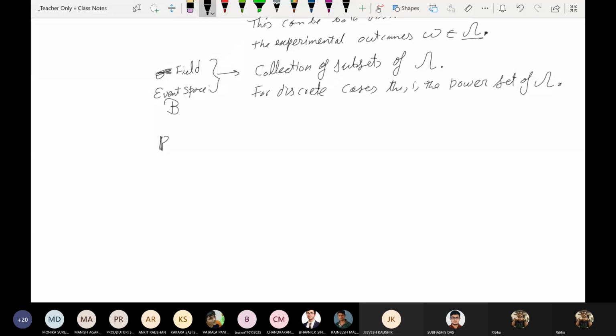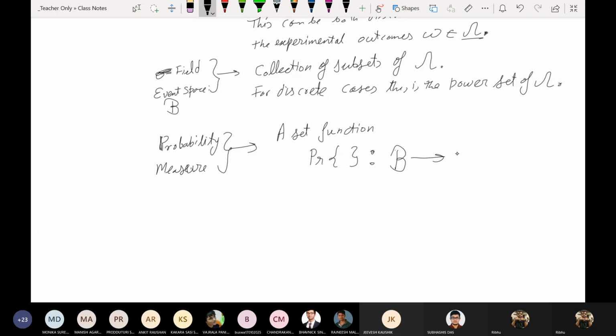This we denoted by P. And this is a set function, a set function that maps this.